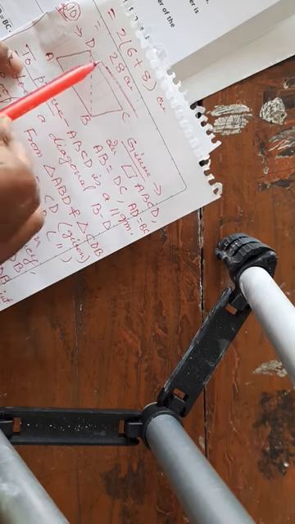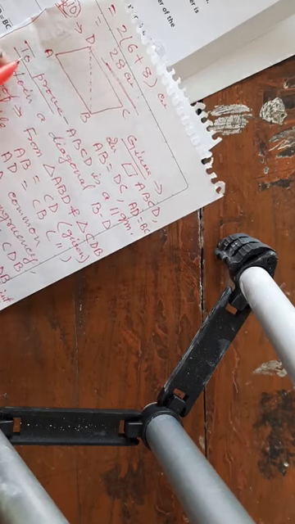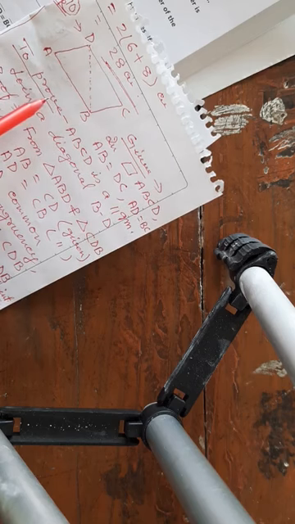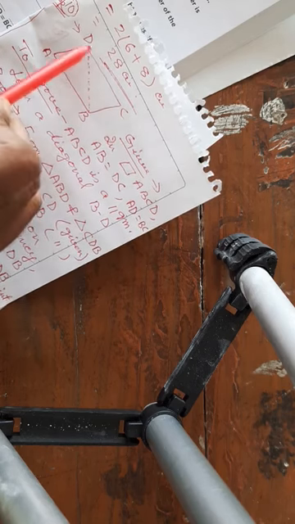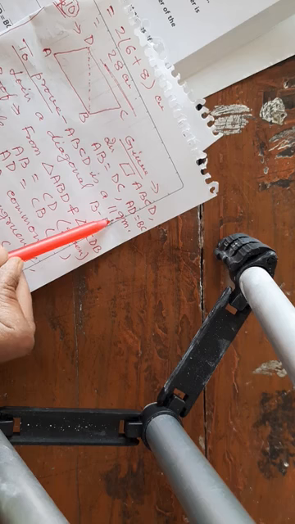To prove, क्या प्रूव करना है? To prove ABCD is a parallelogram.